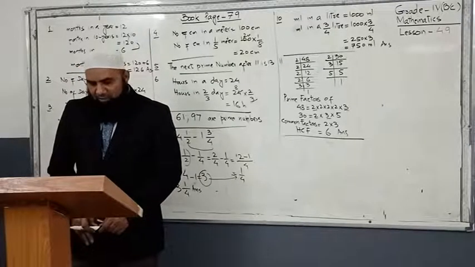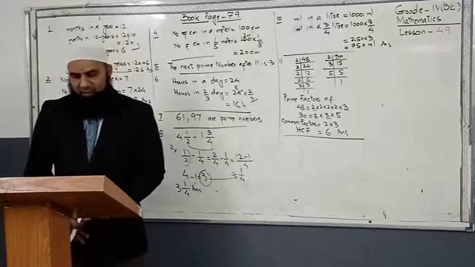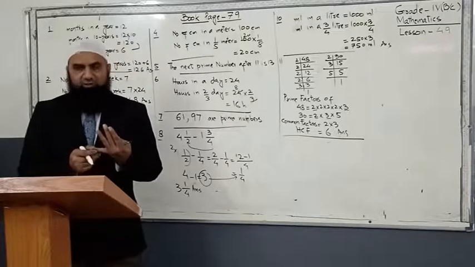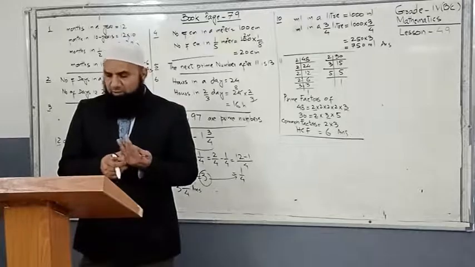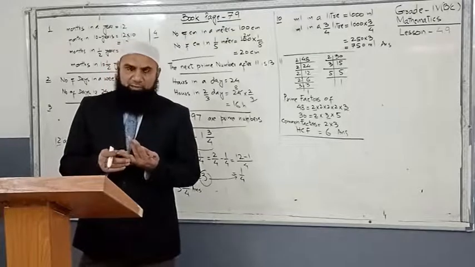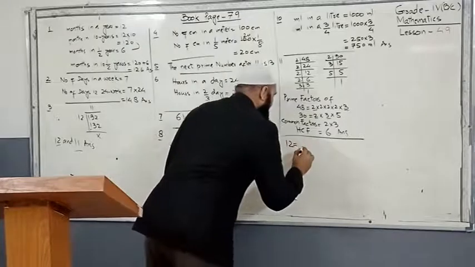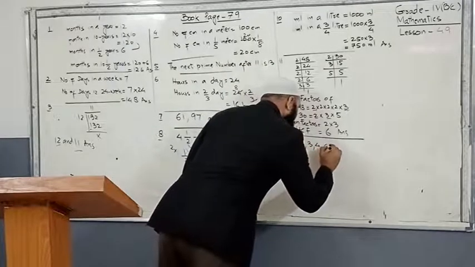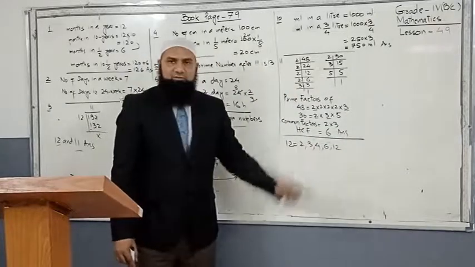The prime factors of 12. Now we have to see which tables 12 comes in. 12 comes in the tables of 2, 3, 4, 6 and 12. We write the factors of 12: 2, 3, 4, 6 and 12. These are the factors of 12.